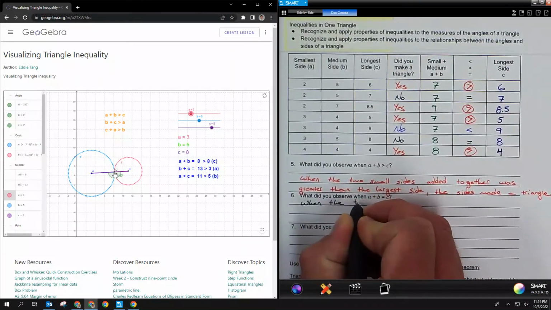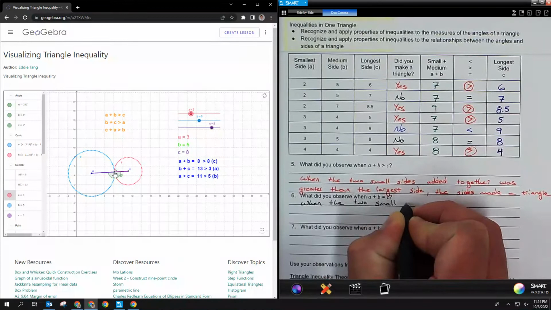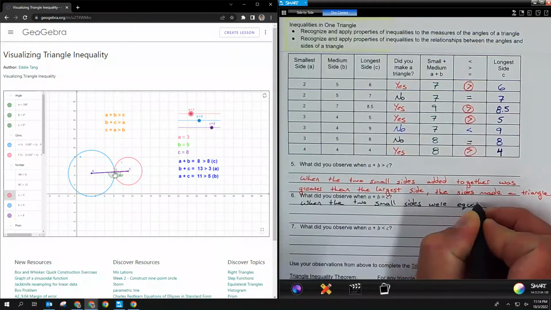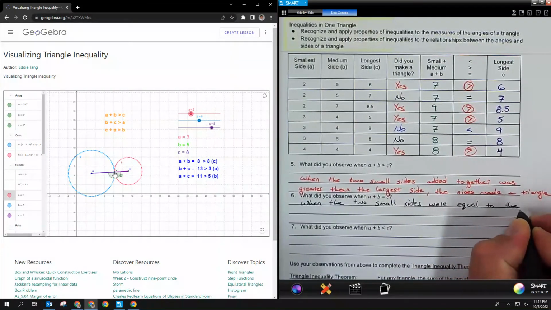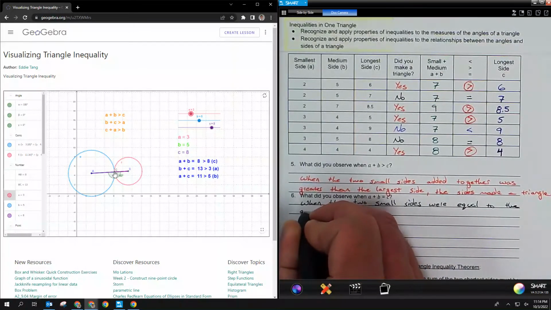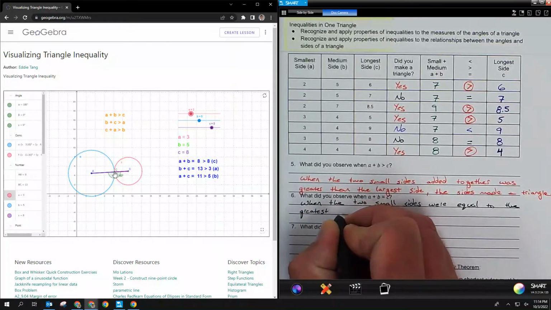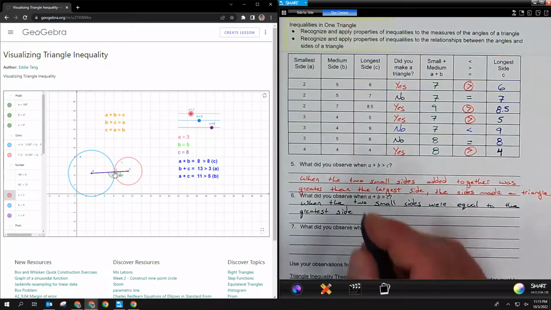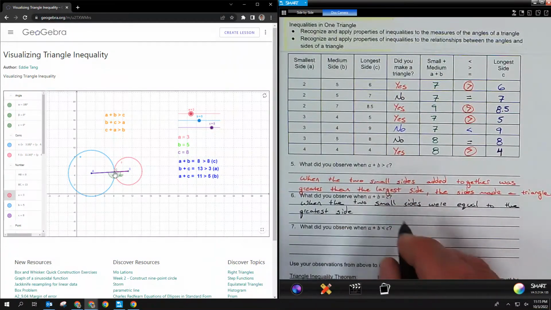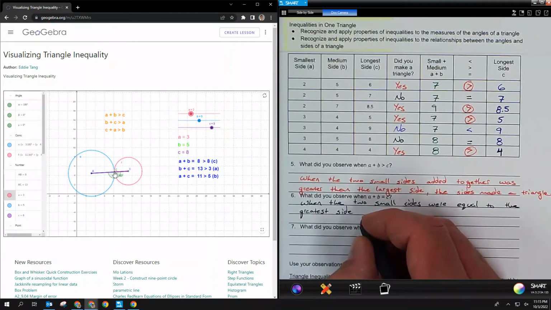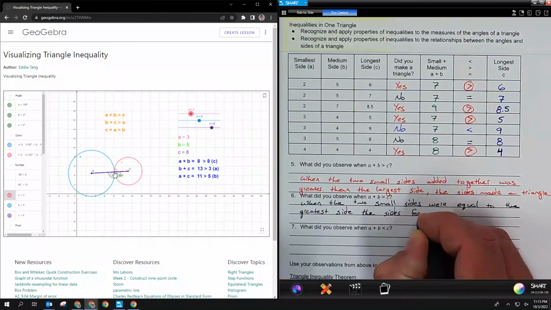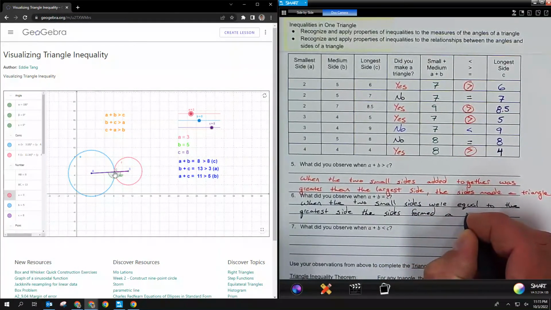So when the two small sides were equal to the greatest side, the sides formed a line segment.